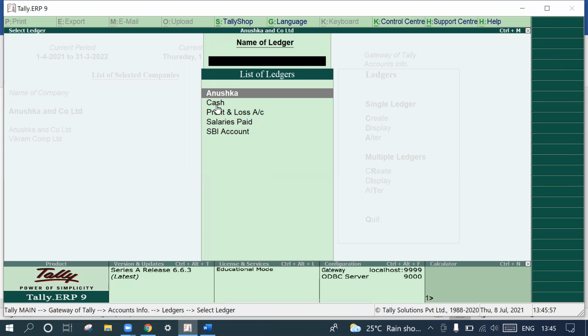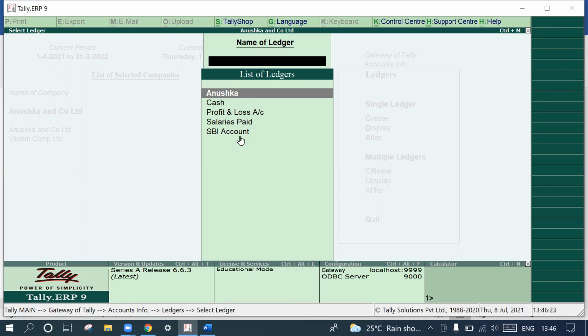Listen carefully. Cash and profit and loss accounts are by default ledgers in Tally. Don't forget it. And only we have created Anushka, salaries paid, and SBI account.